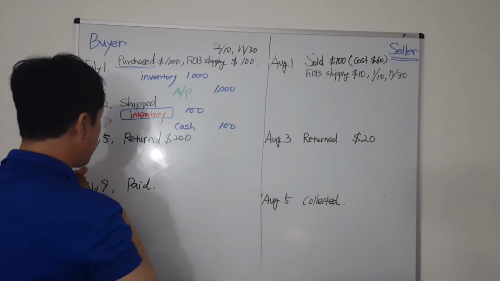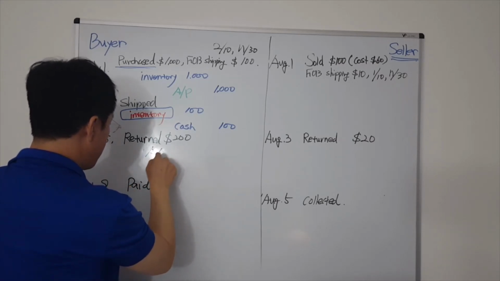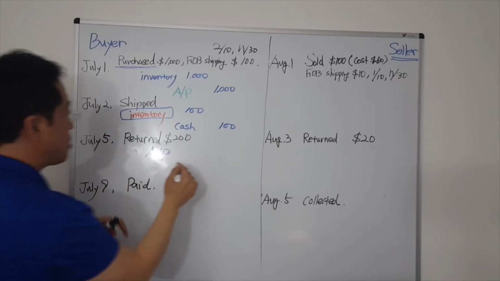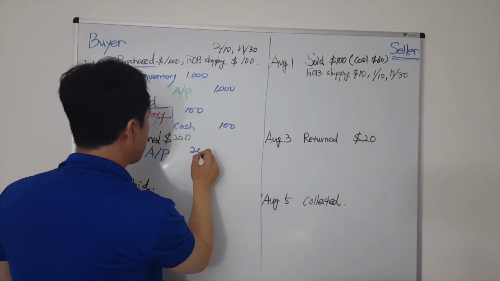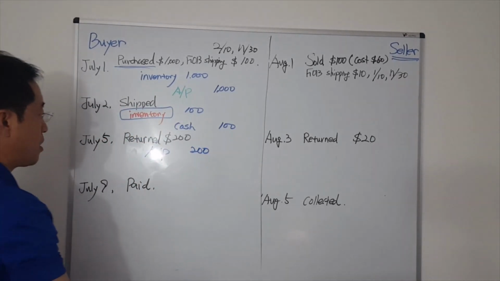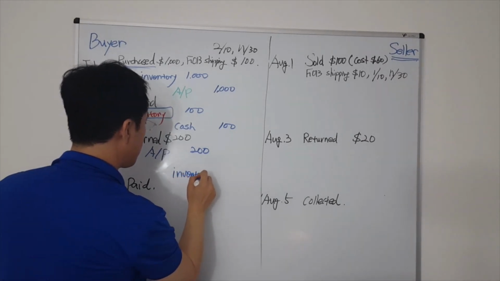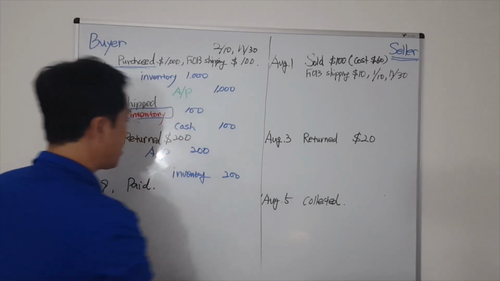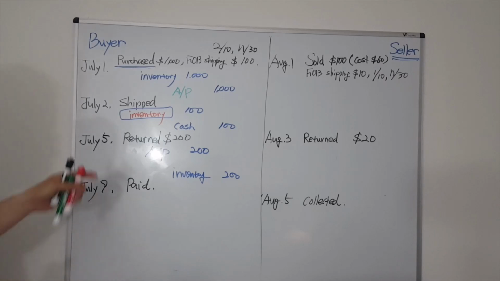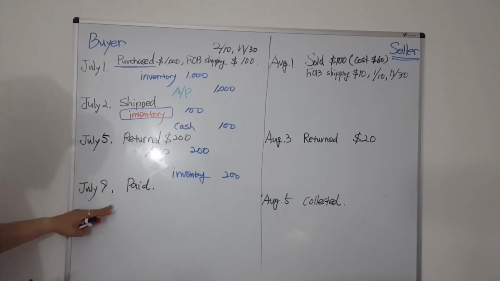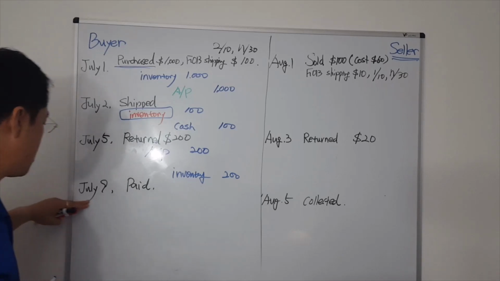Accounts payable, opposite, decrease, debit side $200, and inventory decrease $200. That's the journal entry for returning from the buyer's point of view.